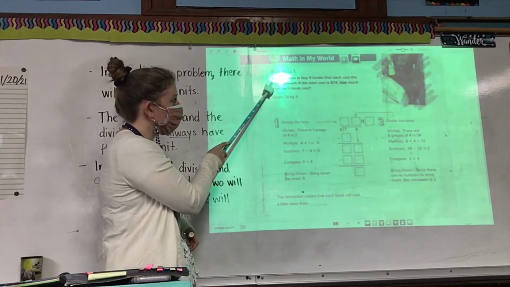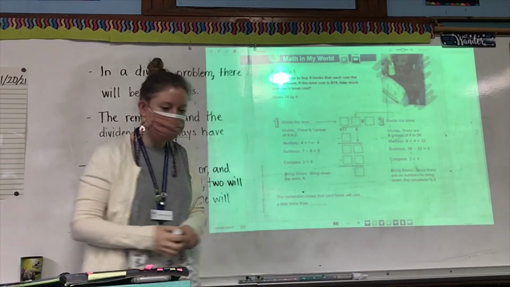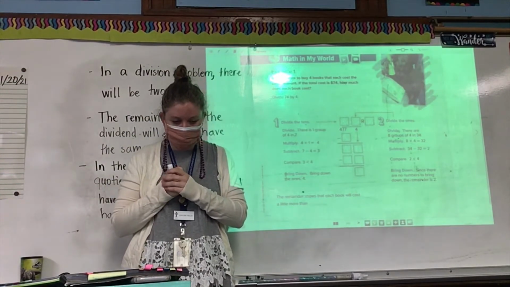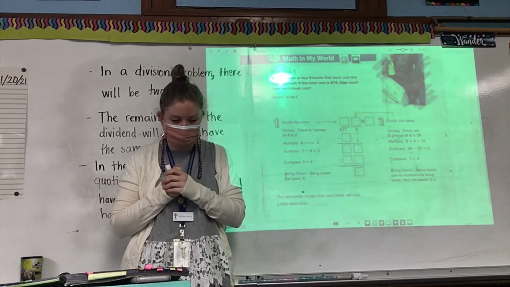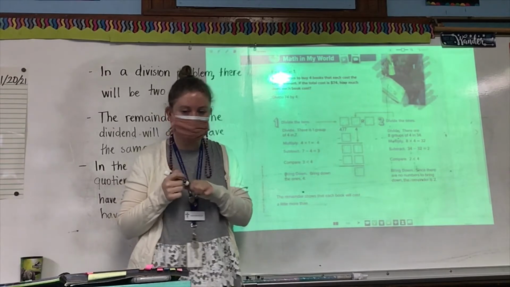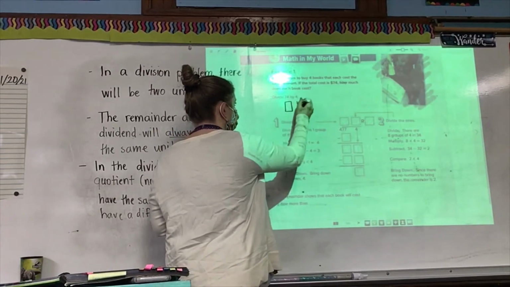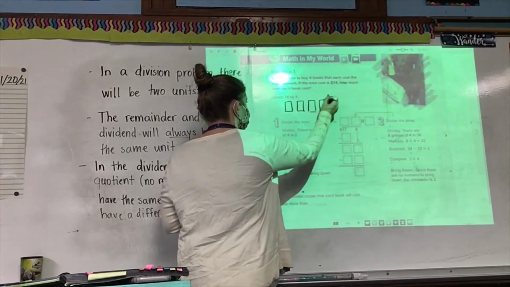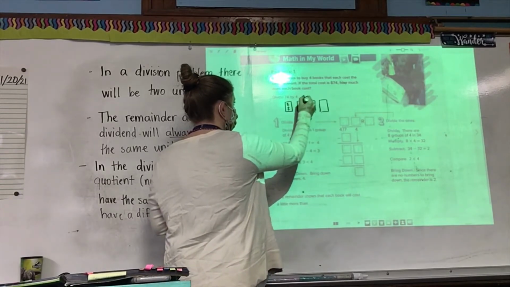Mandy wants to buy 4 books that each cost the same amount. Let's imagine this. You're at the store. You picked out 4 books. They all cost the same amount of money. We don't know how much they cost, so here are my 4 books. I'm going to put $ signs on each.